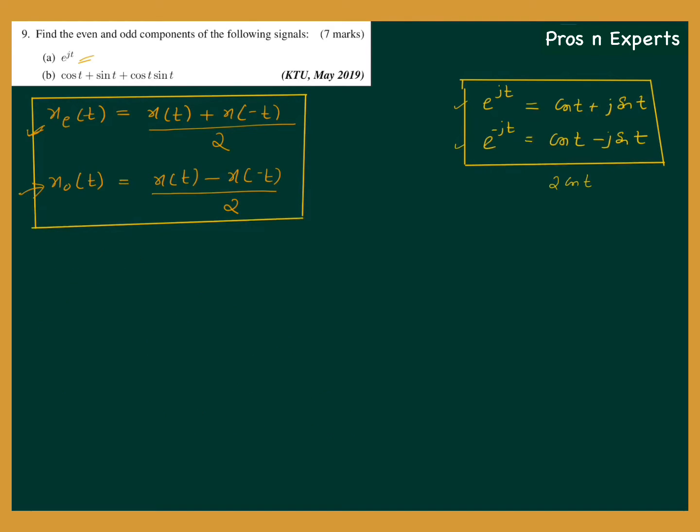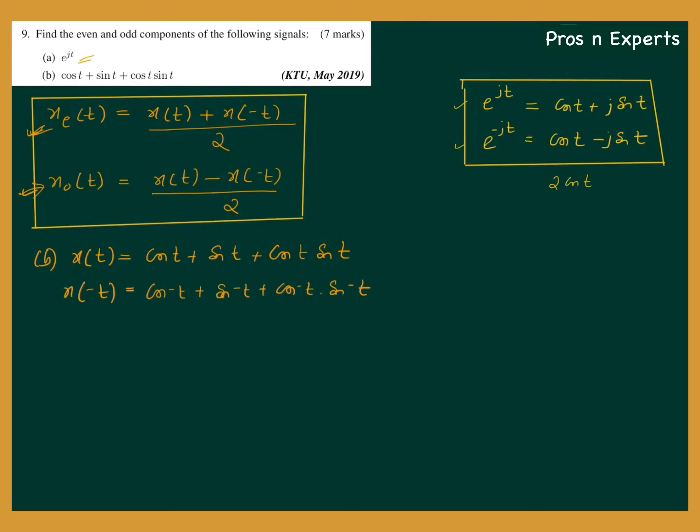Now let us answer question B, where x of t is given to you as cos t plus sin t plus cos t sin t. First of all, you have to find x of minus t, then only you can apply these two equations. So x of minus t is cos of minus t plus sin of minus t plus cos of minus t into sin of minus t.